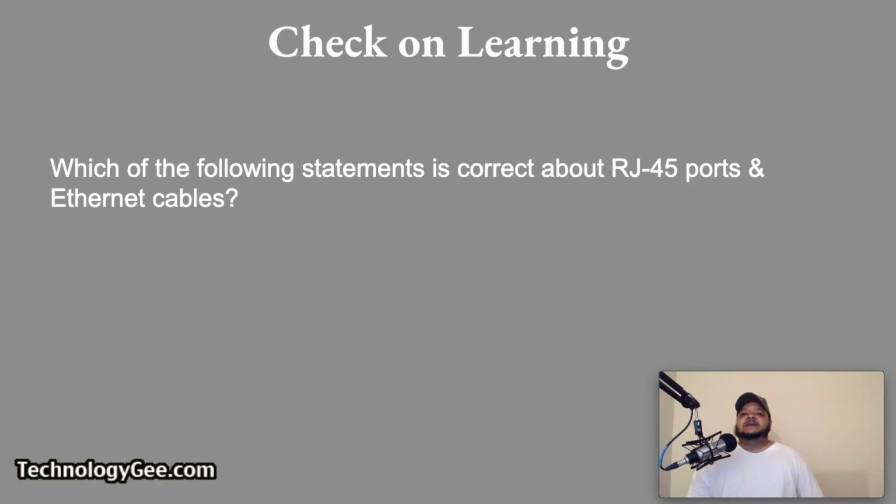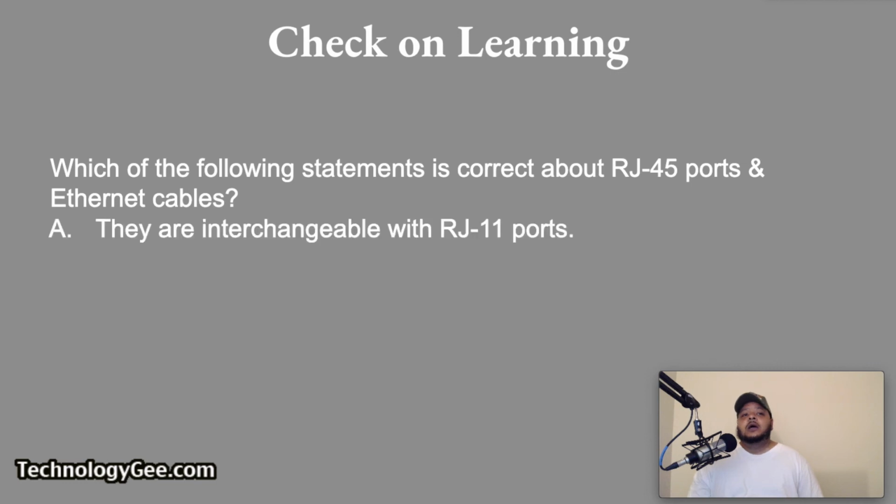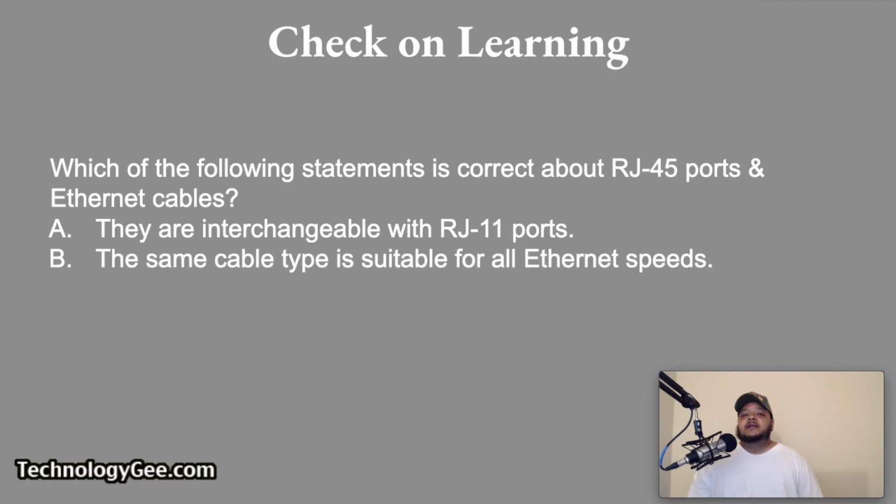Which of the following statements is correct about RJ45 ports and Ethernet ports? Would it be they are interchangeable with RJ11 ports? Would it be the same cable type is suitable for all Ethernet speeds?